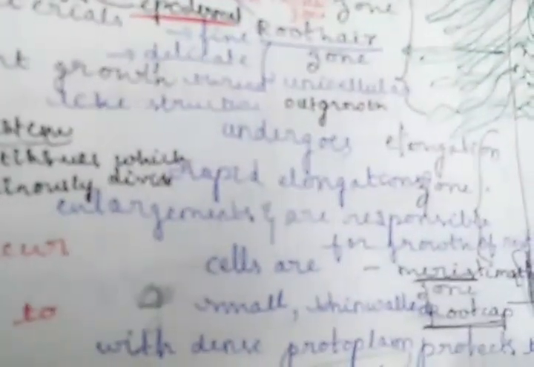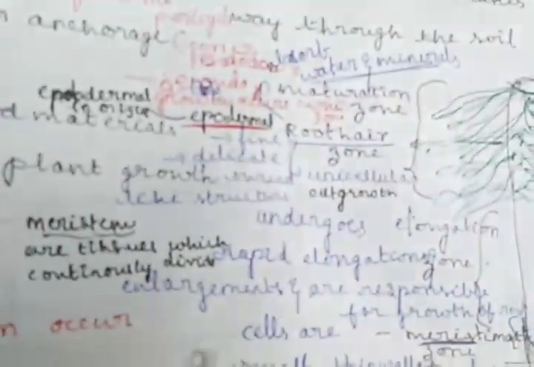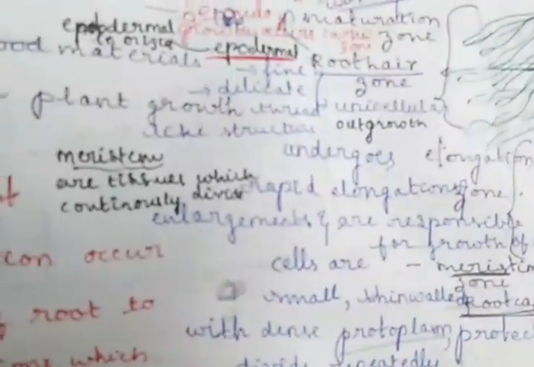Root hairs are unicellular. Lateral roots arise from the pericycle. These are epidermal. Root hairs also absorb water and minerals from the soil. This is about root hair.